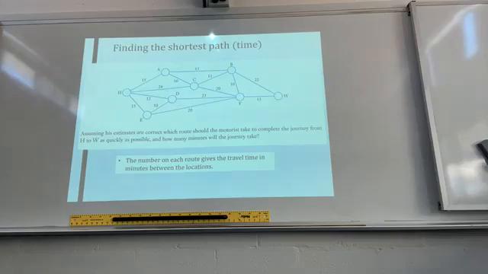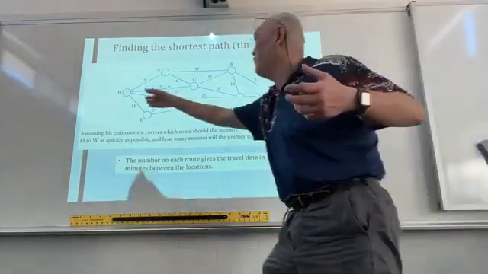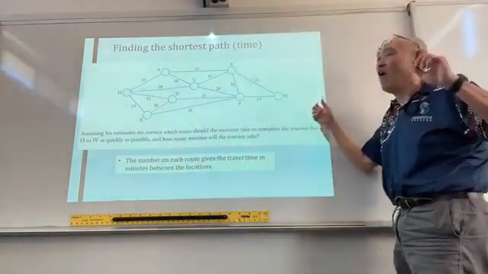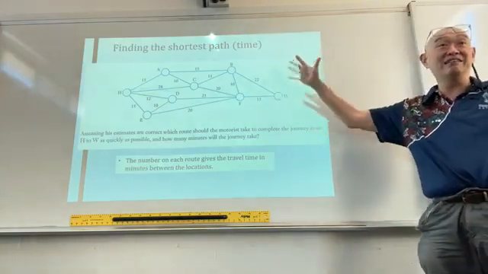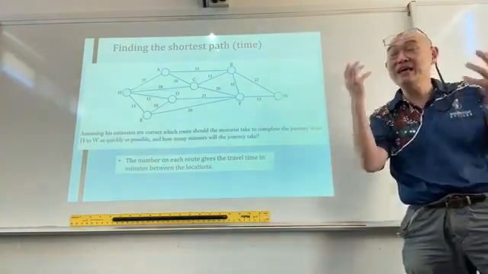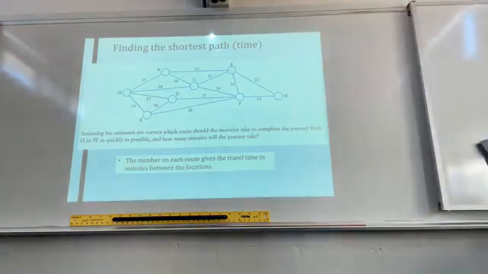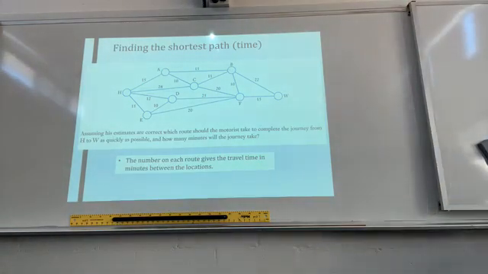So again, depends on whether you're in a hurry, whether you're going to travel from H to W in time or distance. Shortest distance doesn't mean the shortest time. All right. There could be traffic jam, could be whatever. So you may have to use the shortest time, but the route might be a little bit longer.